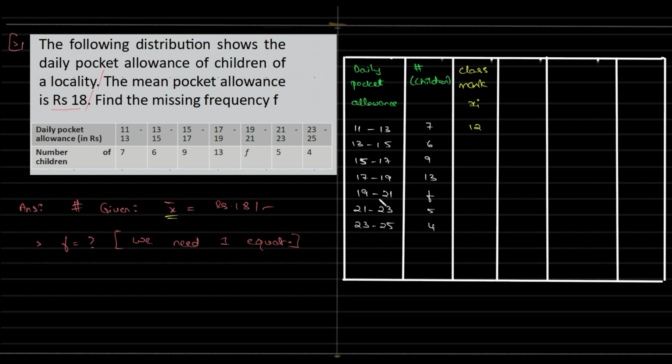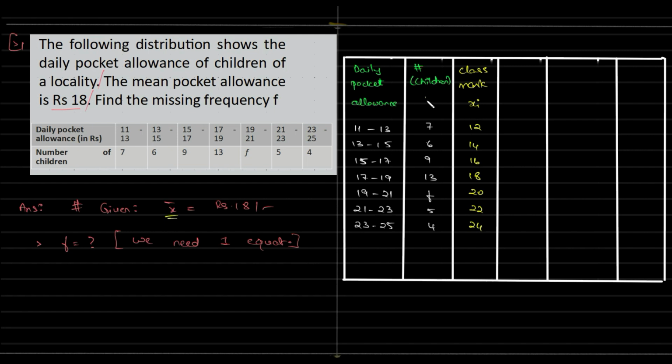The class size is the same, right? 2, 2, 2, 2. So all I can do here is add the class size and I'll get the class marks 20, 22 and 24. Just verify the last value with the average of the interval. Yes, it happens to be the same. So we have done it right.